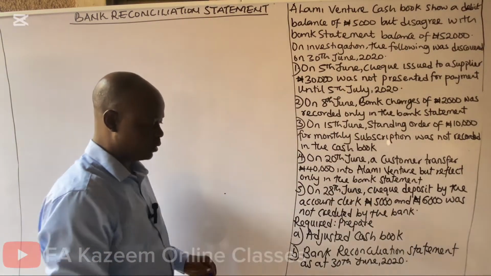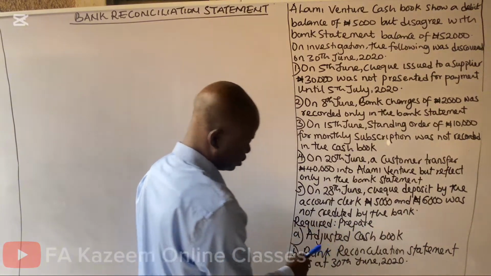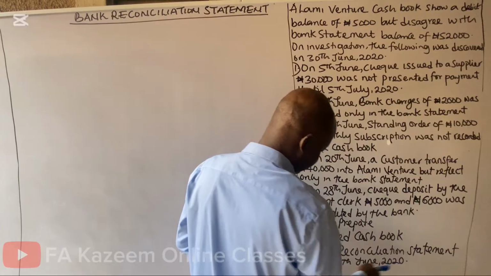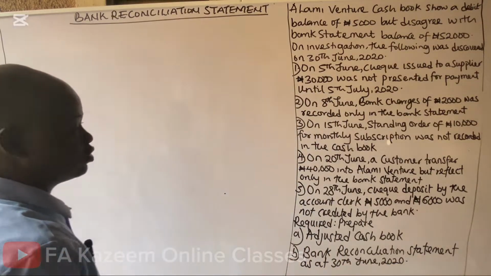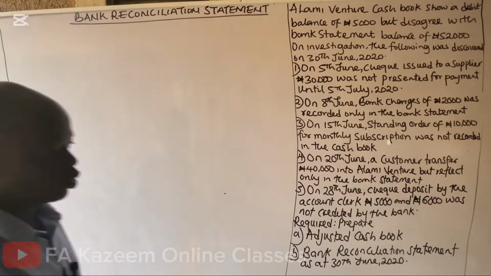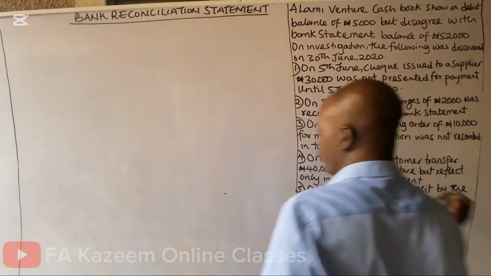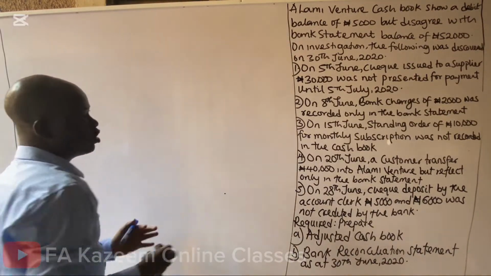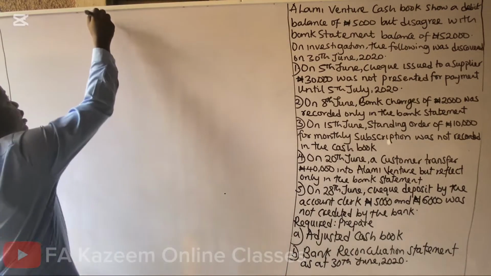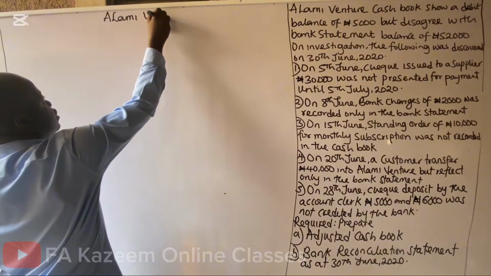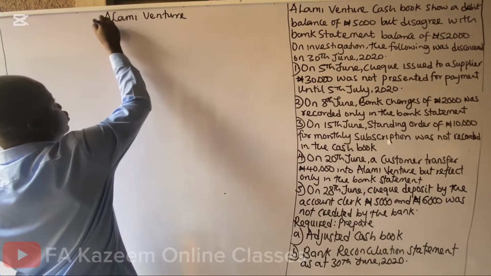How do we prepare? They said we are required to prepare the adjusted cash book and bank reconciliation statement as at 30th June 2020. Let's provide a solution to this question. Solving this question, we'll put the name of the company, which is Alamin Venture.